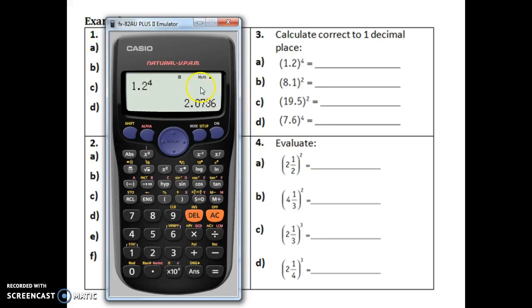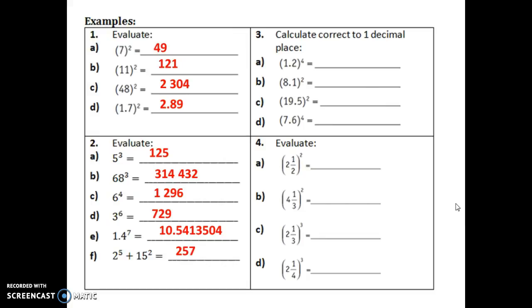So I'm going to be cutting it off after that 0. Because what I'm cutting off is greater than the 5 in that first digit, I need to add 1 to the last digit. So I'll be writing 2.1. So you've got to be careful with the rounding off.